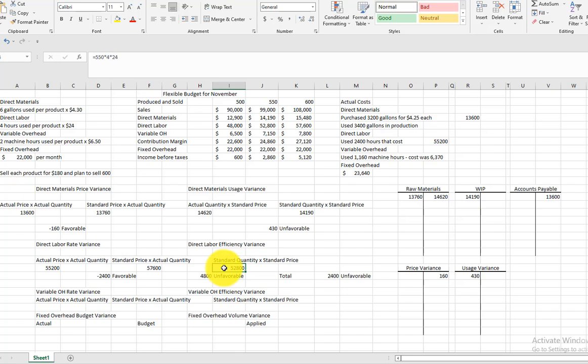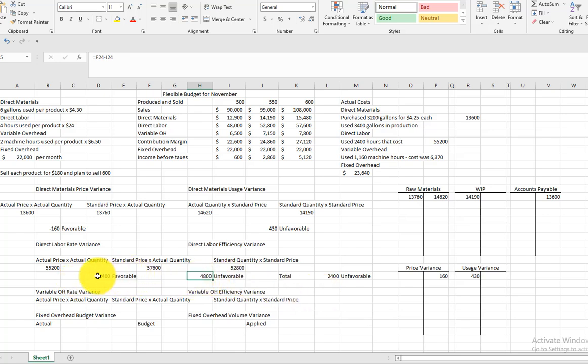We can just take the difference, 4,800, because our actual quantity here is higher than our standard quantity. So we used 2,400 hours, and we should have used 2,200. 550 units, each using 4 hours. That's 2,200. But we actually used 2,400. So we're over by a couple hundred hours. That means $4,800 of over or unfavorable.